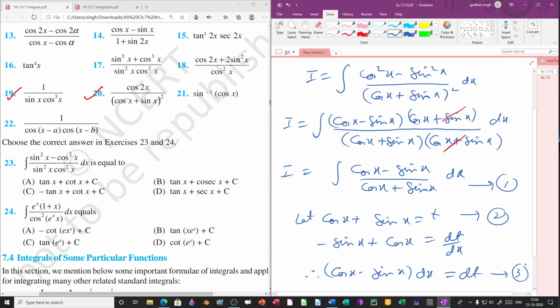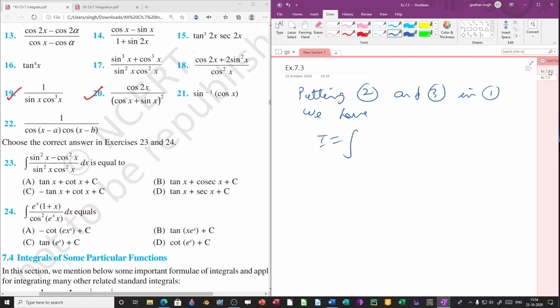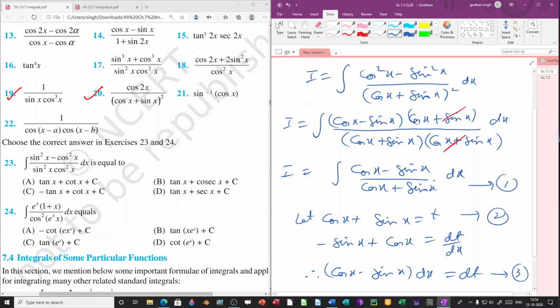Putting 2 and 3 in 1, we have I equal to integration of, cos x minus sin x dx we can replace with dt.